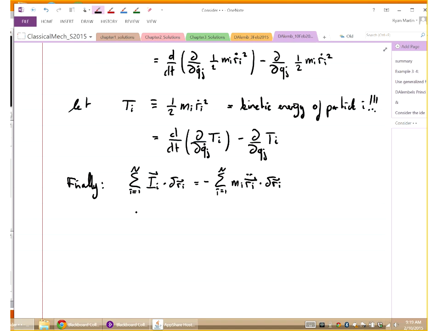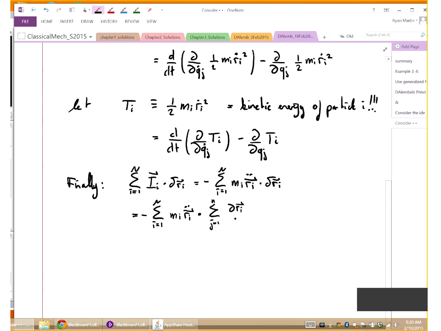And then we manipulated this term. So that was equal to minus the sum from i equals 1 to capital N of mi ri double dot dotted with the sum from j equals 1 to n. So this is the part that we did before, right? We're just rewriting out the delta Ri. So that was di Ri by di Qj delta Qj.